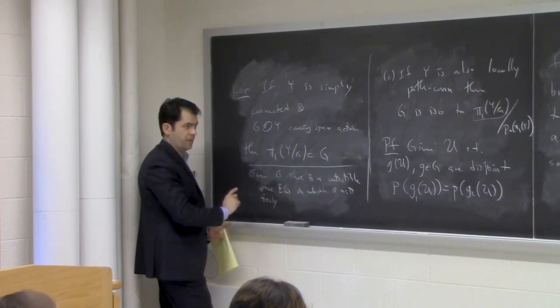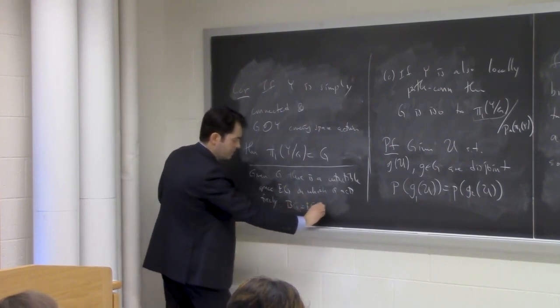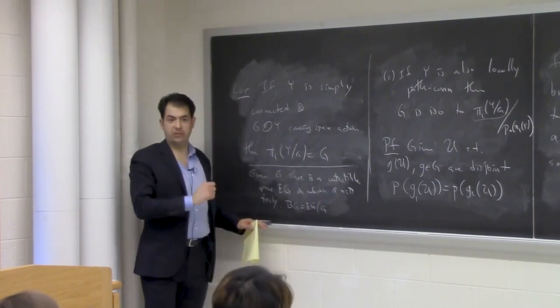I think it's a covering space action. I think. But then BG is what you call the orbit space, and this is called the classifying space of the group G.